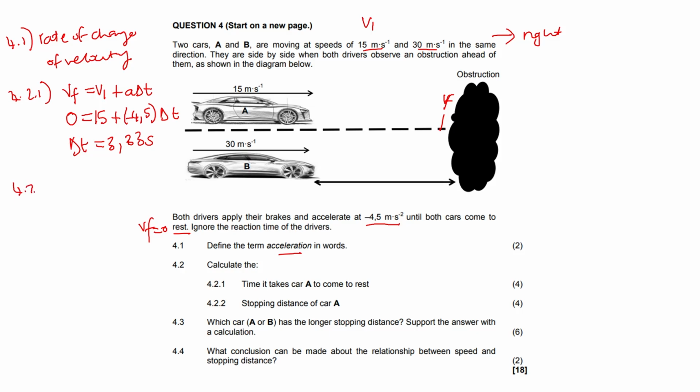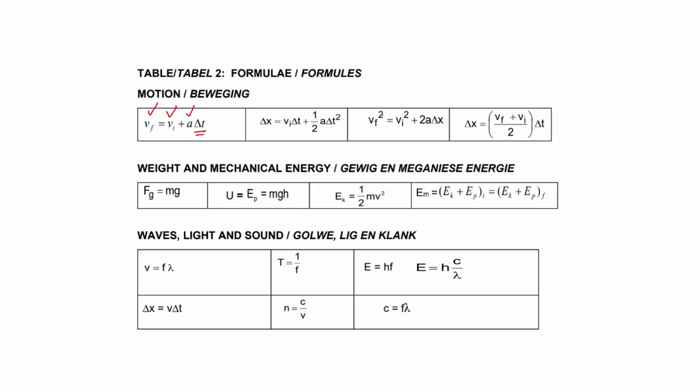And then 4.2.2, what is the stopping distance of car A? So now they want the distance. What do we have now? We have final velocity, initial velocity, time, and acceleration. We need the distance. You can use any formula that is comfortable. You can use this formula because it has everything we need and one unknown.